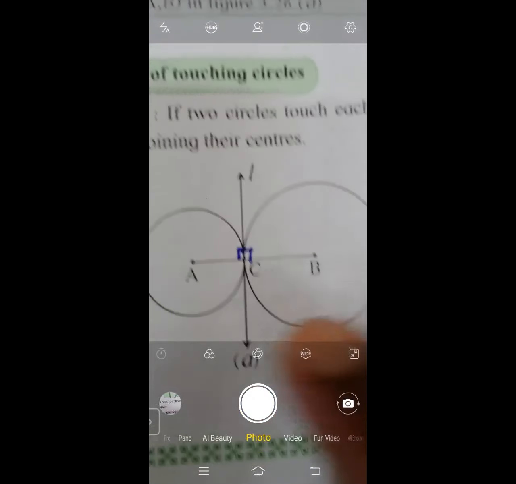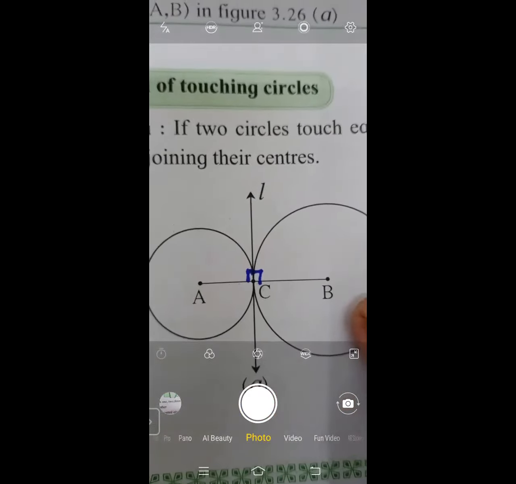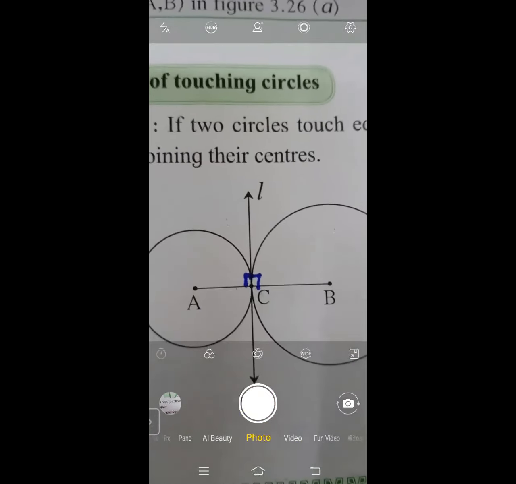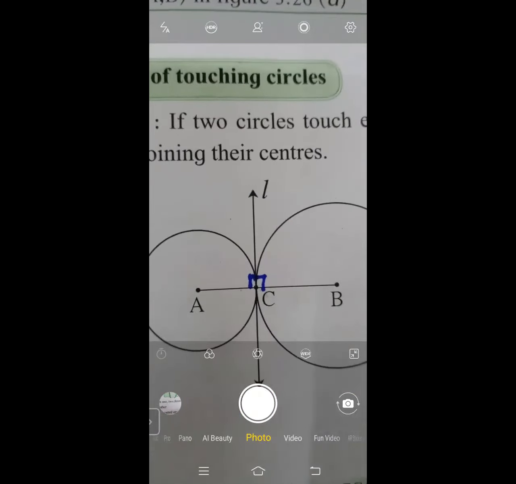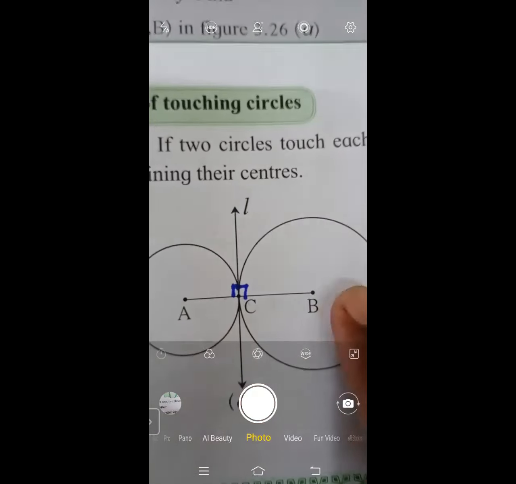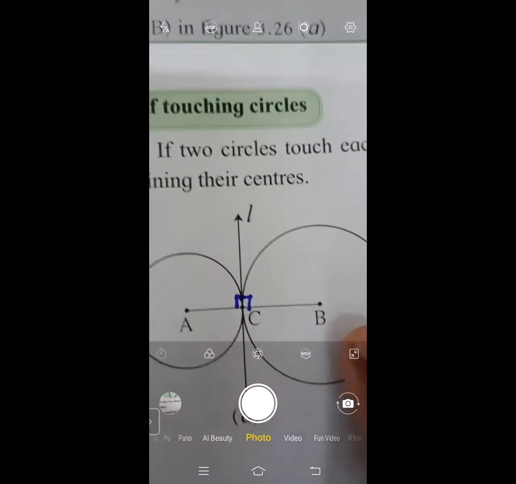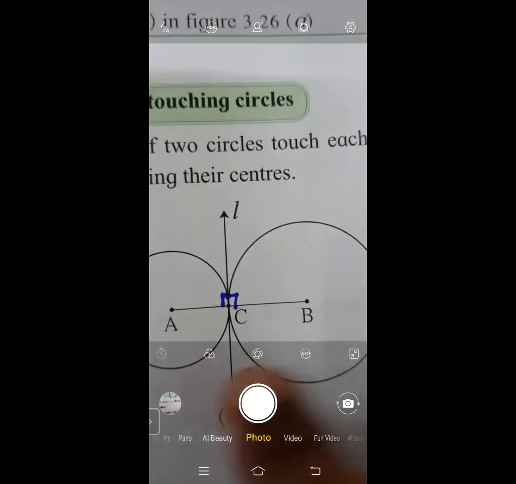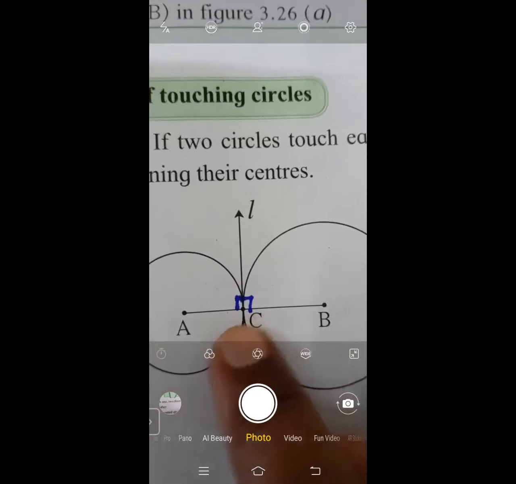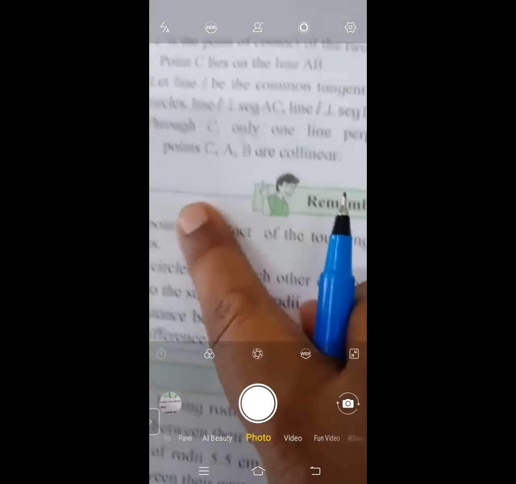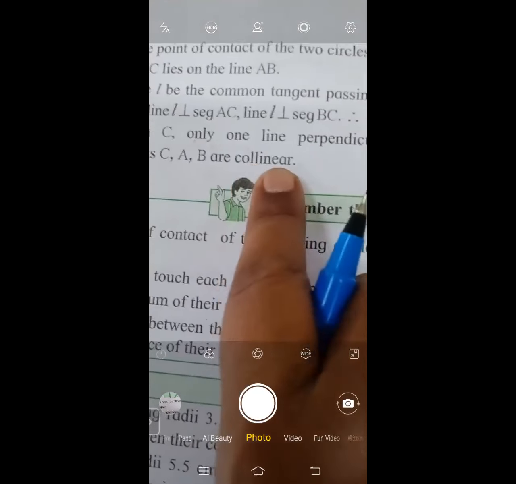When you draw a perpendicular bisector for a given segment, you can draw only one perpendicular bisector. We can't draw two perpendicular bisectors for a given segment. So this also states that for line L, AB is the only perpendicular line. If it is a perpendicular line, C lies on AB. So we can say that points C, A, B are collinear.